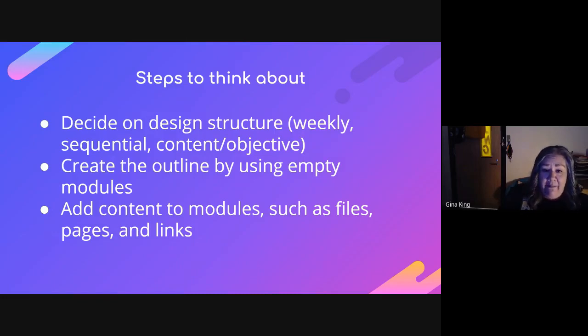Create an outline by using empty modules. Once you get started on the module, you're looking at your calendar, and for high school, your A-Day classes may be doing something different from your B-Day classes. How do you want to set that up in the same Canvas course?